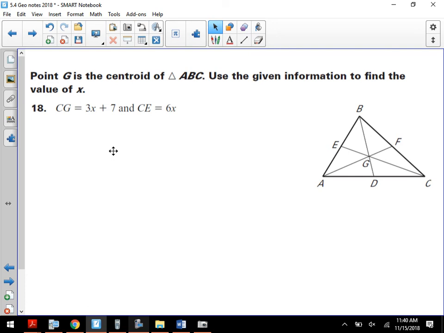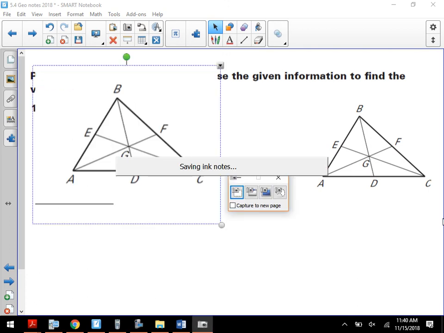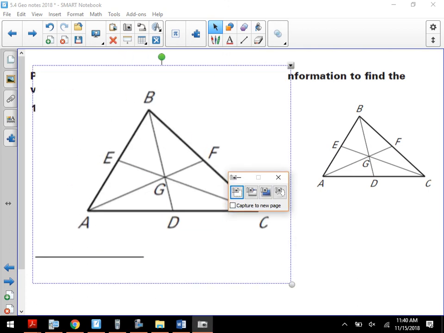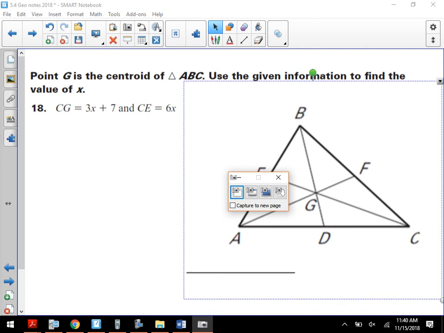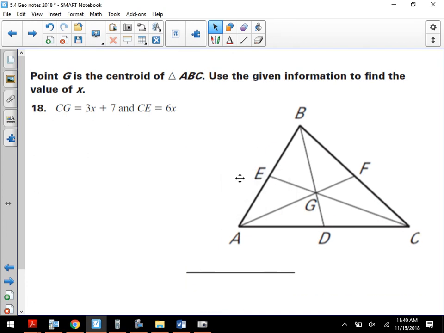Anyway, algebra. When you get to the algebra now, it's okay. You have to trust it. Now, we're looking at CG and CE. Everybody okay with that?